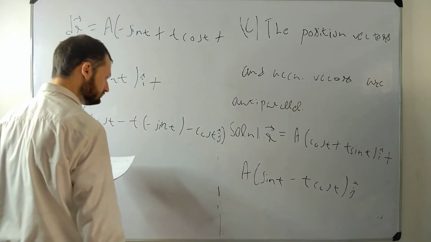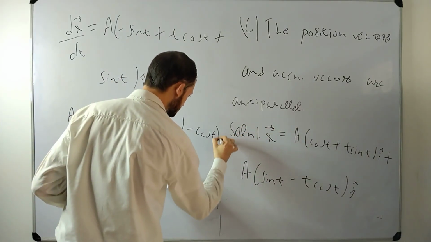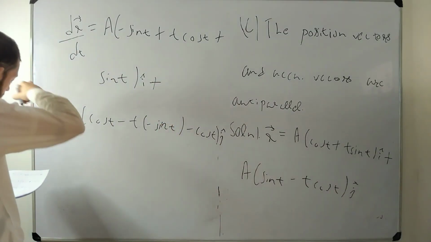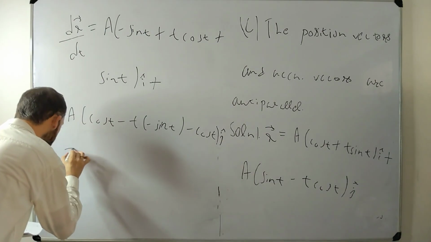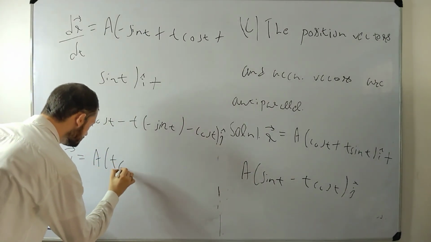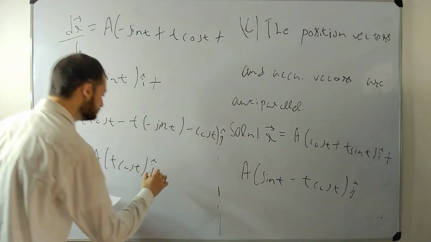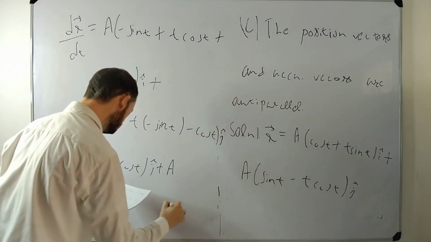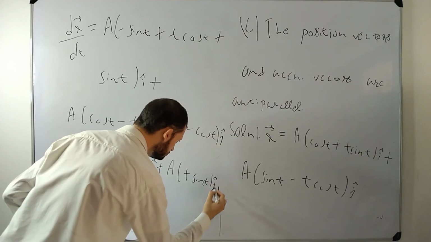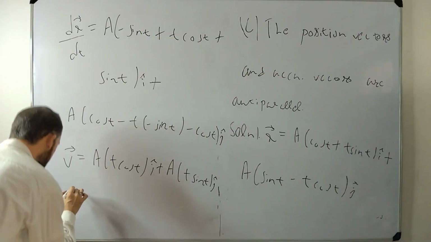You could write j outside, no need of writing it here. So velocity came out to be the vector A t cos t i cap, A t sin t j. Now for acceleration, what will we do?